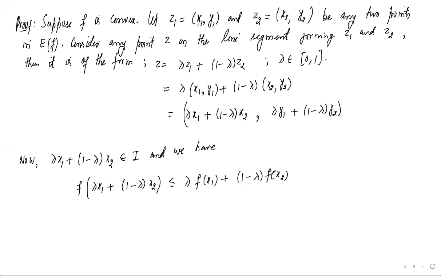Since x1 is inside the interval I, and x1, y1 means that y1 is the image of x1 under the function f. And similarly, for the point x2, y2, y2 is the image of x2 under the function f. So therefore, this is equal to lambda times y1 plus 1 minus lambda times y2.